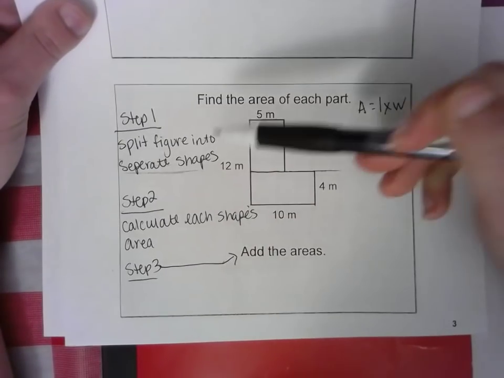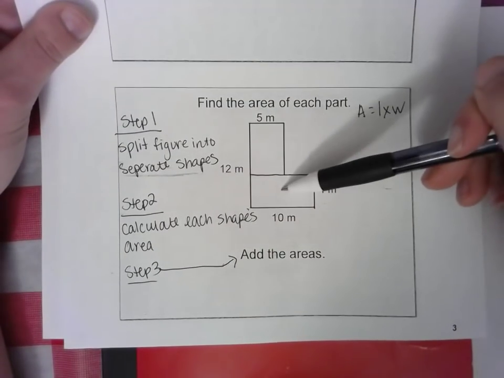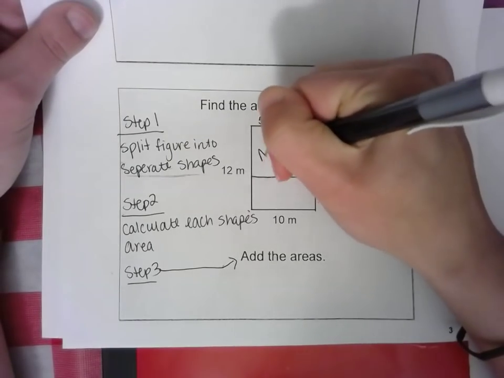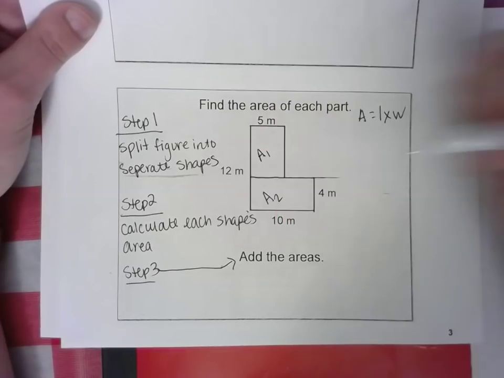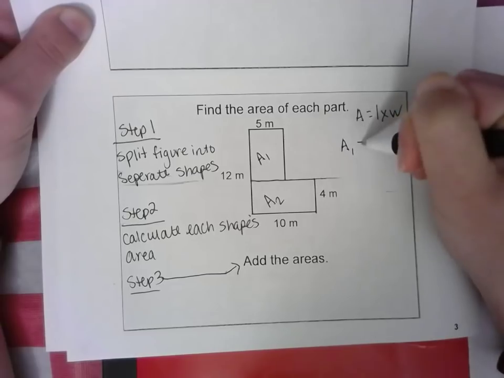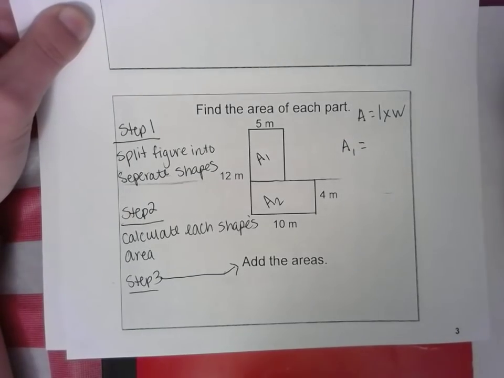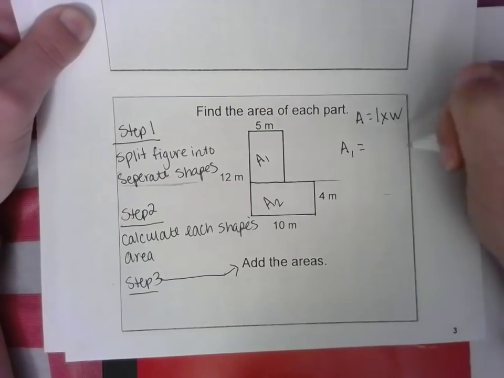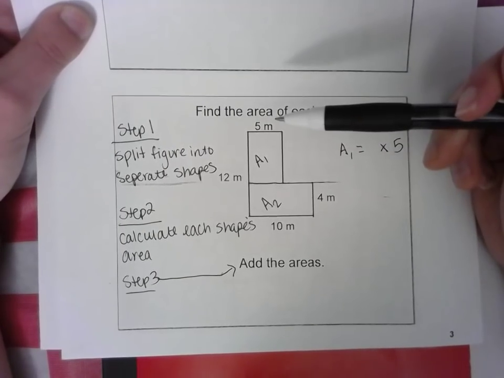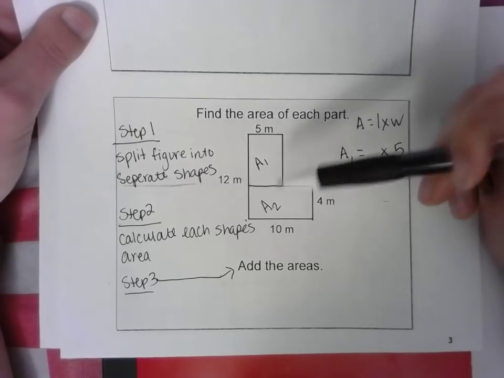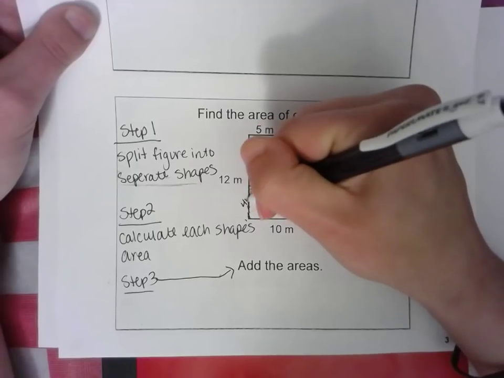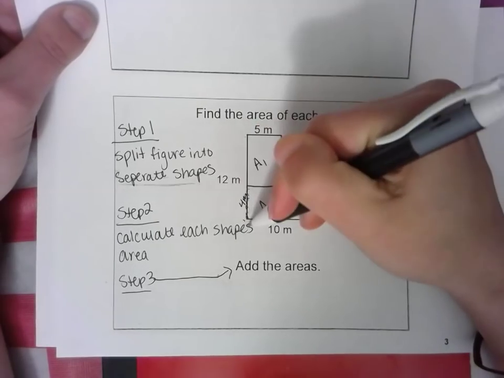So let's go through this. Step 1, split the figure into separate shapes. Well, I did that. 1 rectangle, here's another. I'm going to label these area 1, area 2. Let's start with area 1. Length times width. I know my width is 5. Do I have a distinct length measurement? No. But I know that this side of area 2 is 4 meters, and this whole thing is 12.